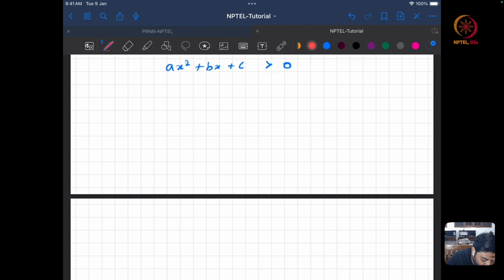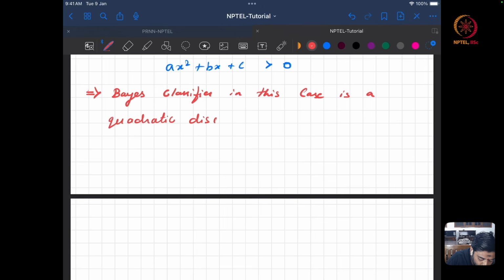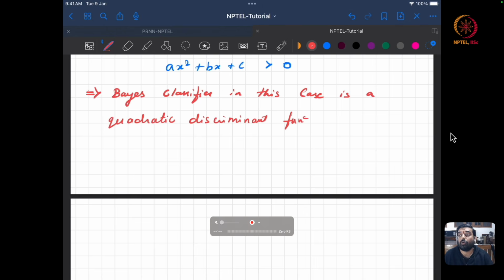So this implies the Bayes classifier in this case is a quadratic discriminant function. Okay, this is a quadratic discriminant function.